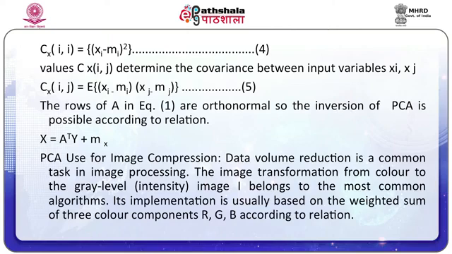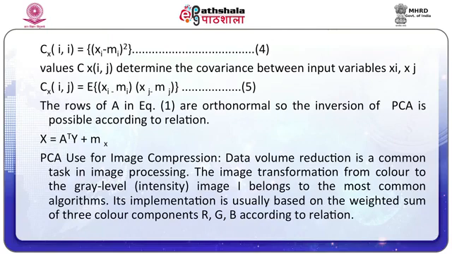Value Cx ij determines the covariance between input variables xi and xj, Cx ij is equal to E{(xi minus mi)(xj minus mj)}. The rows of A in equation 1 are orthonormal, so the inversion of PCA is possible according to the relation x is equal to A^T y plus mx.